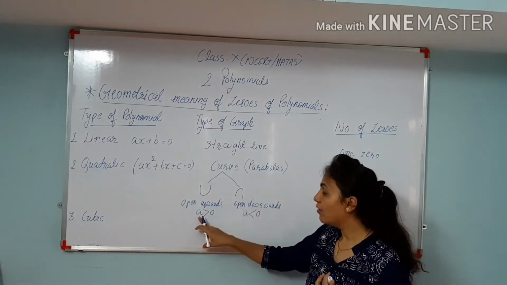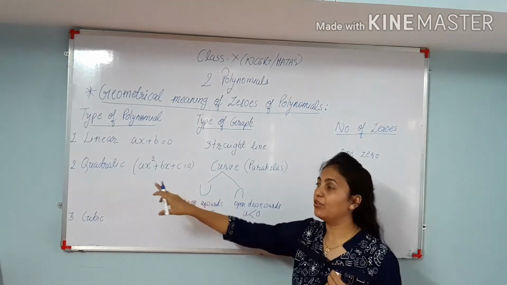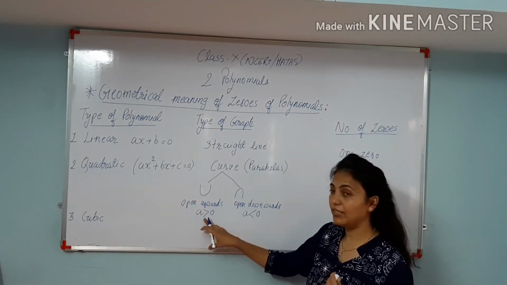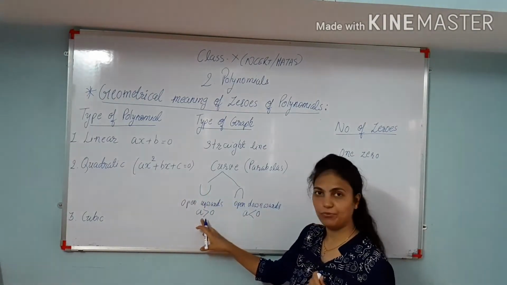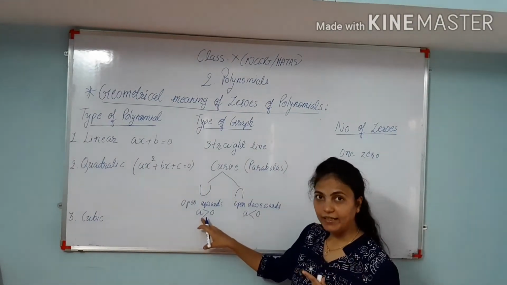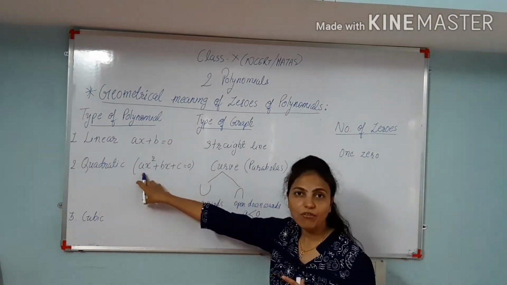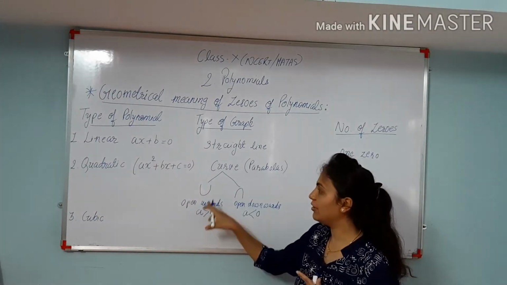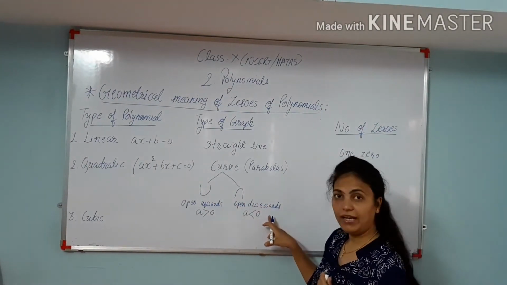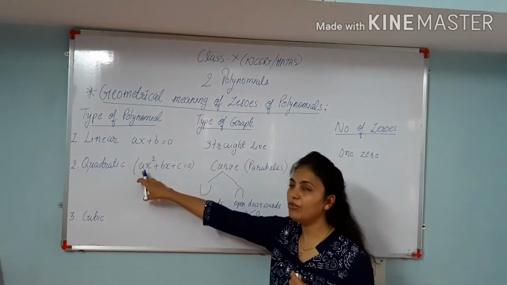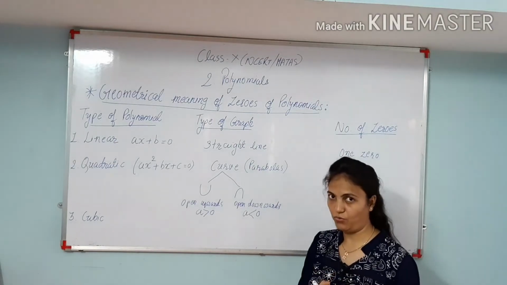So simple as that. Now what is a? You must know a is the coefficient of x square. This means if the coefficient of x square is positive, you can see here a is greater than 0, then the graph would be open upwards. And if a is negative, the coefficient of x square is negative, then the graph would be open downwards.